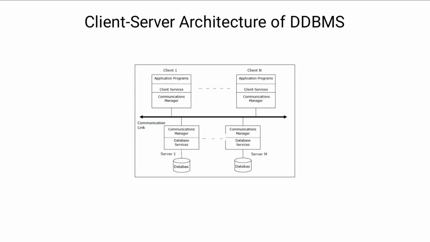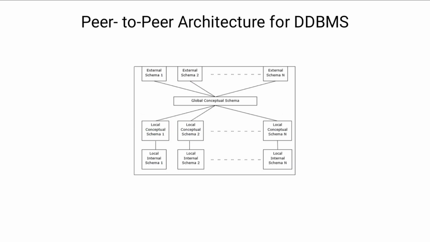This is the architecture diagram. Client 1, client n: from there end-user application programs can be run. From the server, the database services can be accessed through the communication manager. Like that, some protocols can be used. In peer-to-peer architecture, everyone can act as either a client or server.